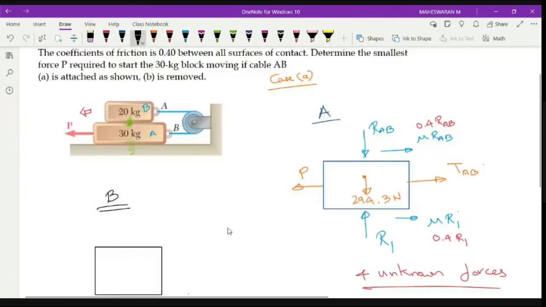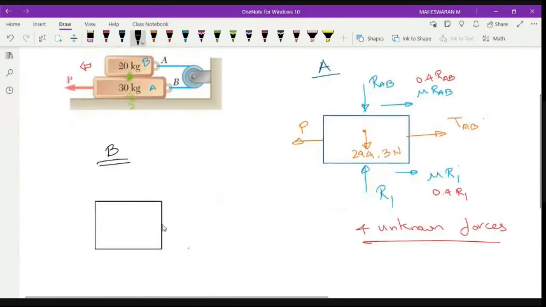You have only one force, TAB, similar to this, along this direction, and the weight of the object acting downward, which is 20 into 9.81, so we are getting 196.2 Newton. And of course, the contact is only on this side, so you have only one reaction, which is RAB.